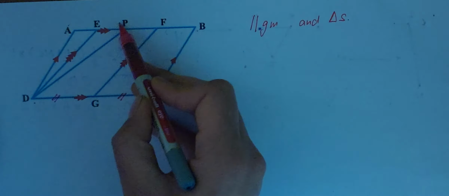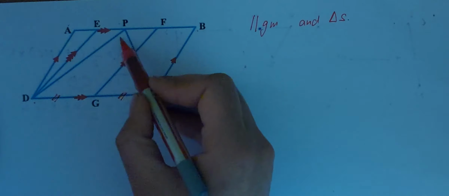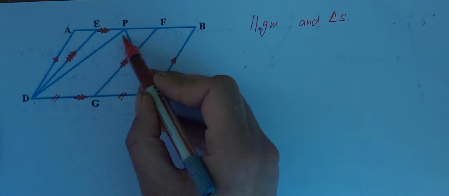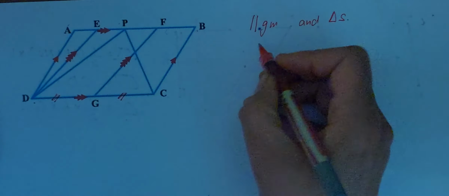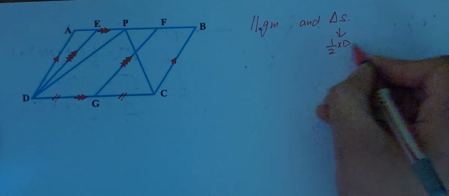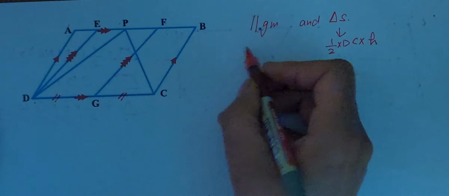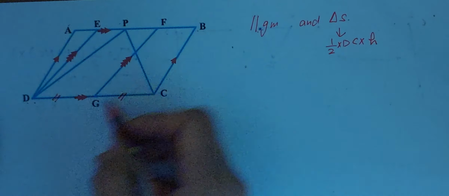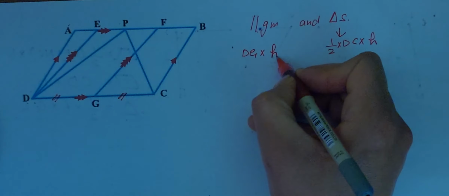Why? Because ABCD and PCD have the same base and the same height. So the area of this triangle is going to be half into DC into H, and the area of this parallelogram EFGD is also base into corresponding height, and their heights are the same.